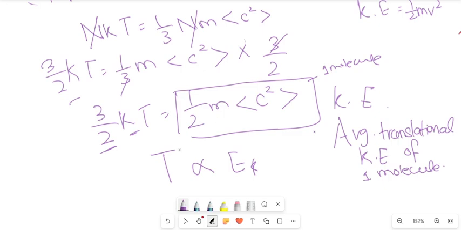All of this is kinetic energy, so T is directly proportional to the kinetic energy of one molecule. That is all. This is the reason why we did this, to show you that the kinetic energy of a molecule only depends upon temperature.